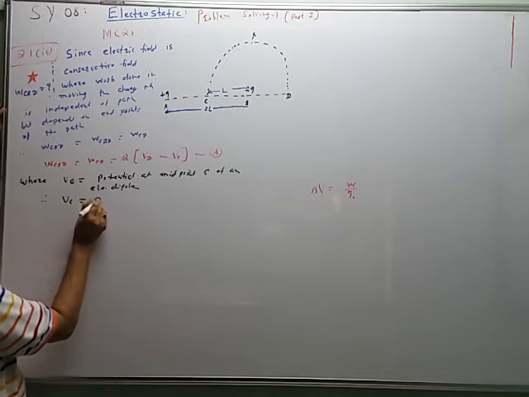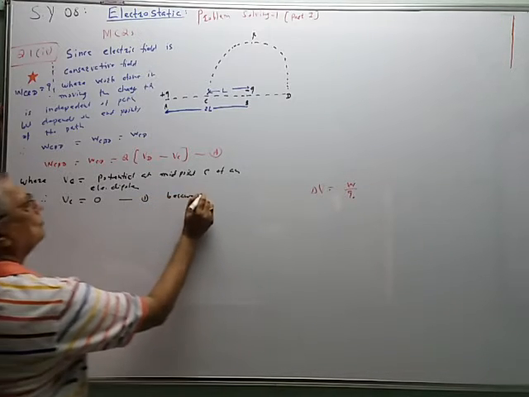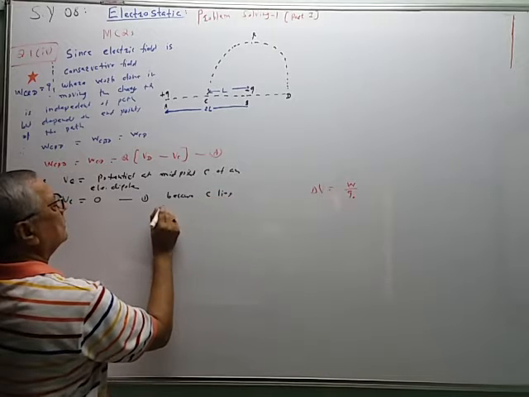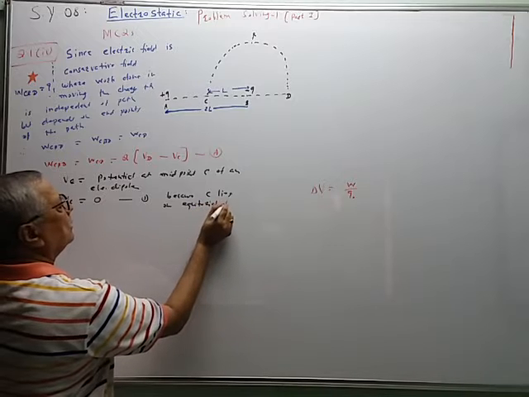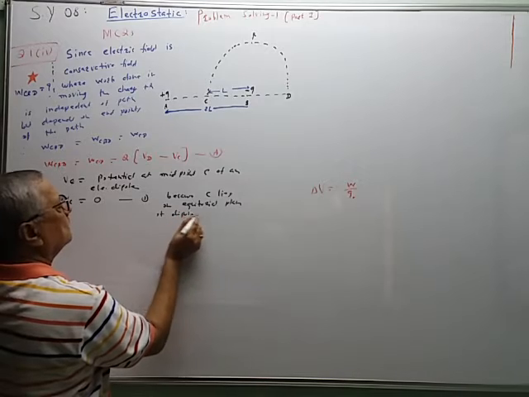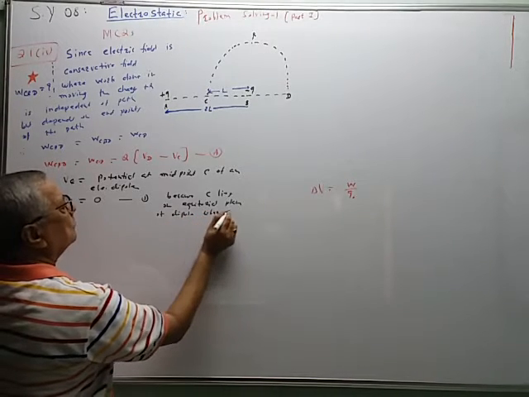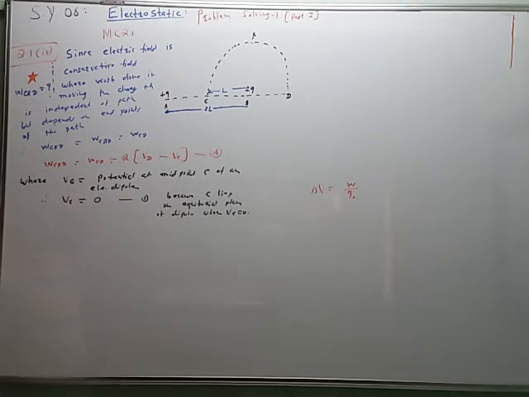Therefore, WC is equal to 0, equation 1, because C lies on the equatorial plane of the dipole, where Vc is equal to 0. We saw the property of the equatorial plane last year: all the points on the equatorial line have the same potential, 0. So Vc is equal to 0.